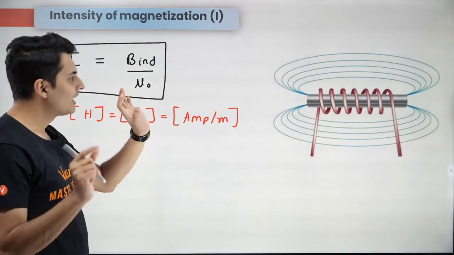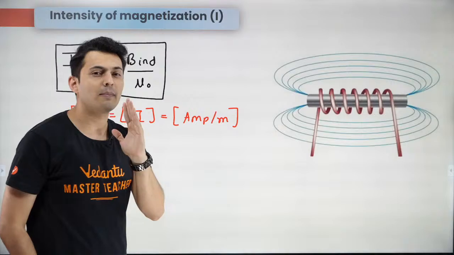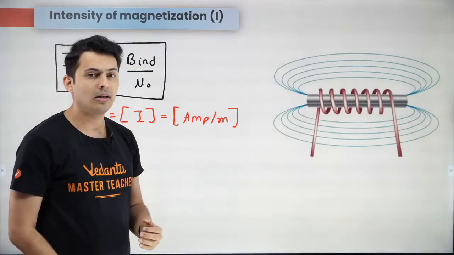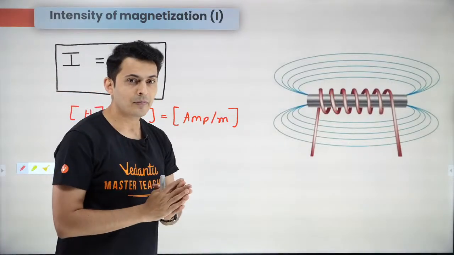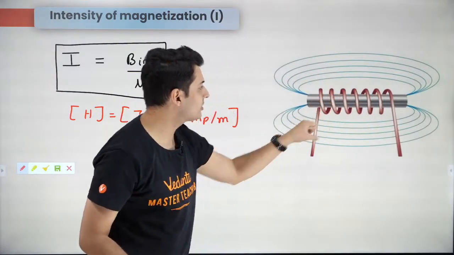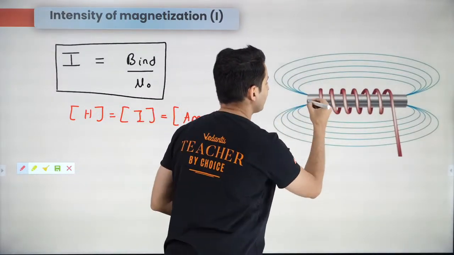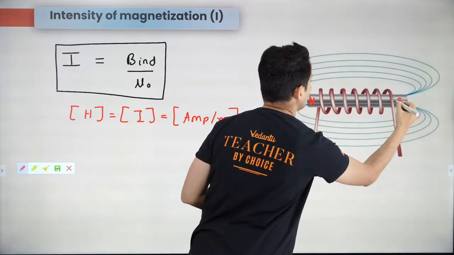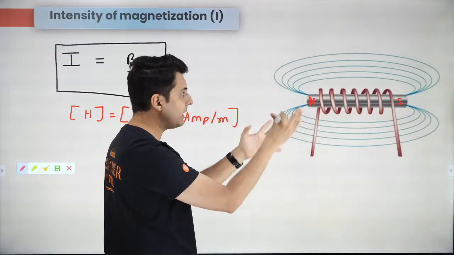Okay, now if this has been registered in your head, let's also talk about another formula for I. So guys, remember I have spoken about magnetic dipole moment. The symbol was capital M. If this material which has been placed inside the solenoid gets magnetized, it will have some north pole and south pole. Correct? It has got magnetized.